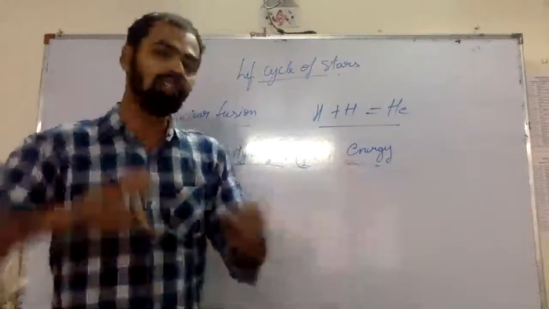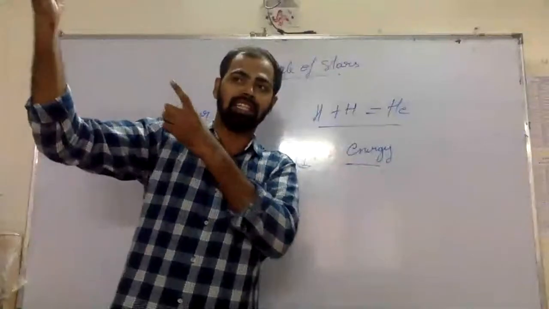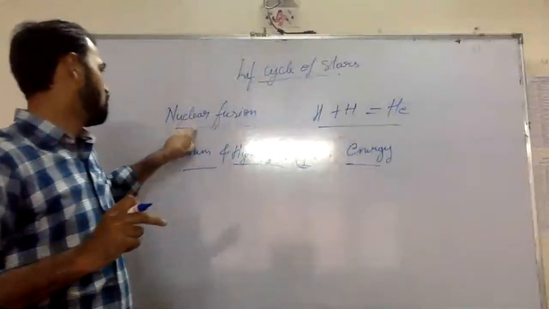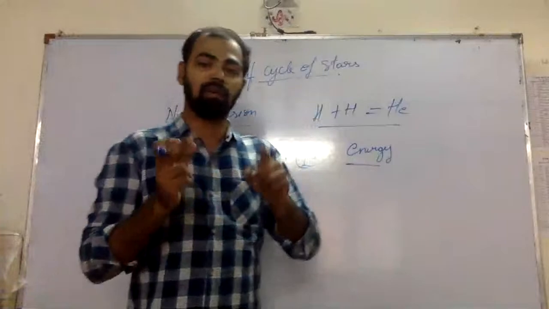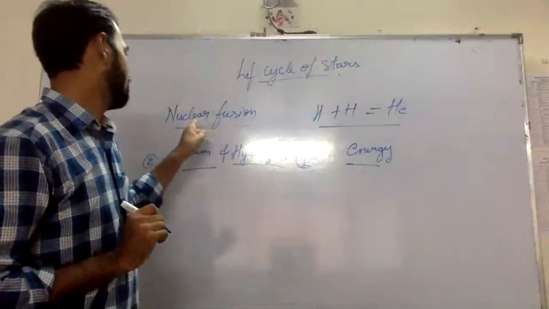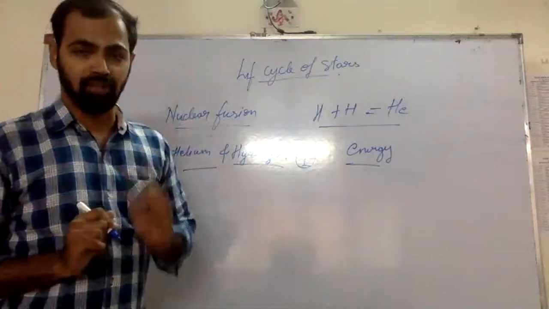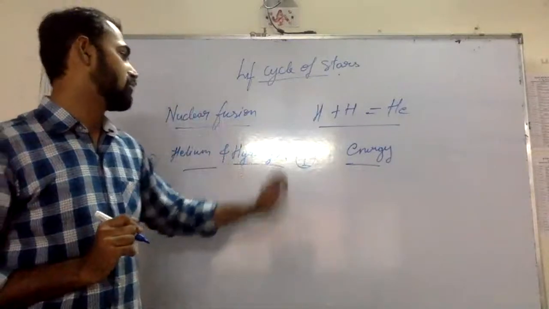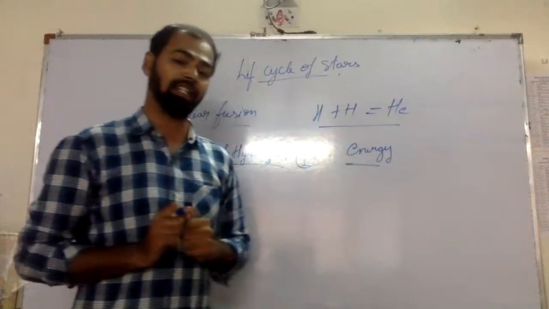Whatever heat and light you see coming from the sun is due to nuclear fusion. The process of combining two hydrogen nuclei to form one helium nucleus is known as nuclear fusion. Through this nuclear fusion, we get a lot of energy.